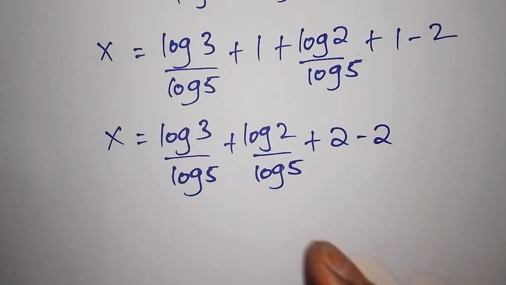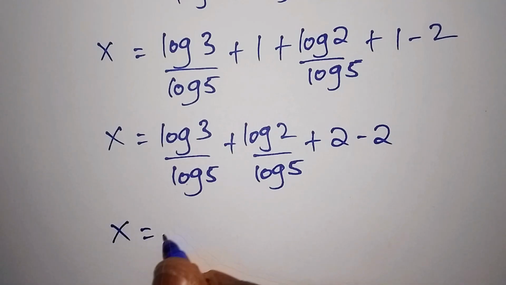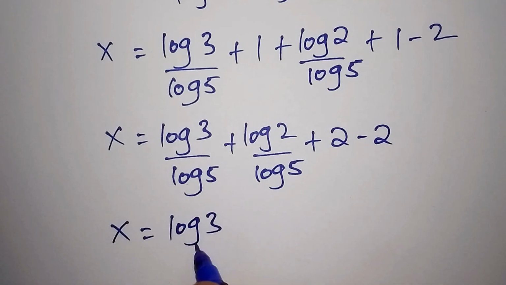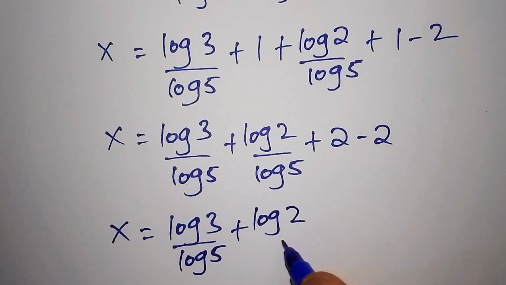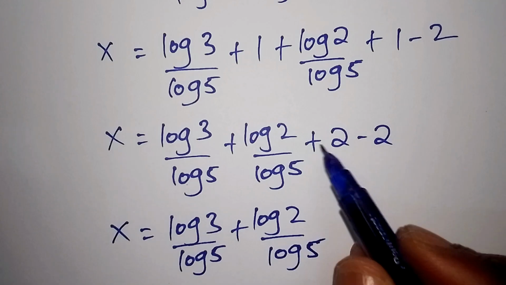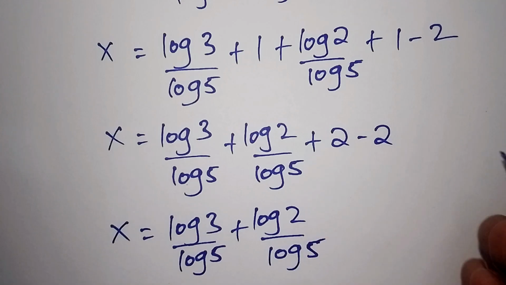Finally, x is equal to the log of 3 all over the log of 5, plus the log of 2 all over the log of 5, plus 2 minus 2, that is 0.